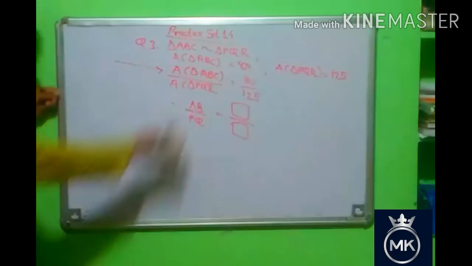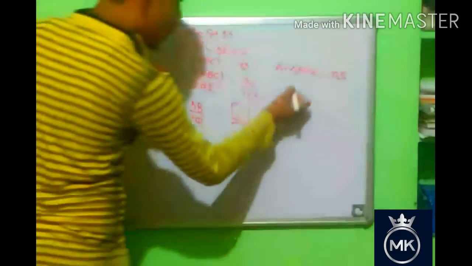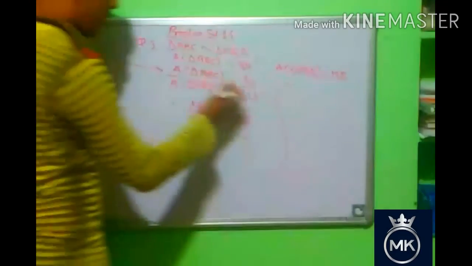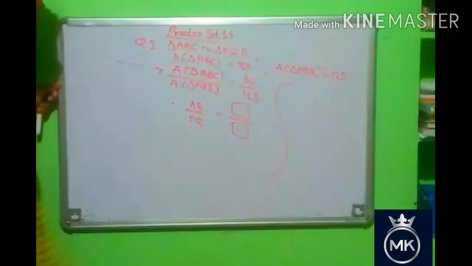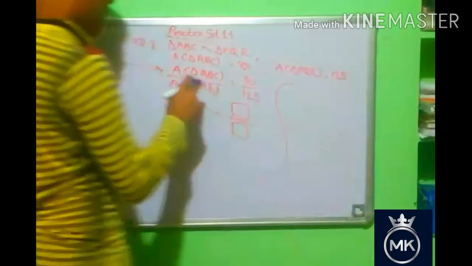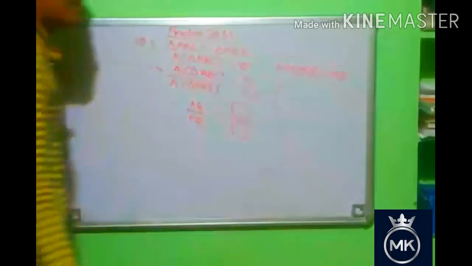So friends, we have solved it aside and filled these boxes. The area values of both triangles are given here. The next step is: area of triangle ABC by area of triangle PQR is equal to AB square by PQ square.